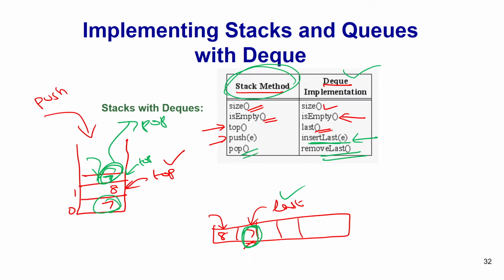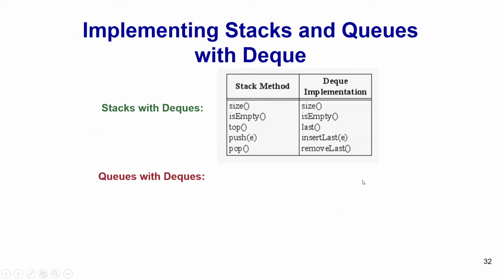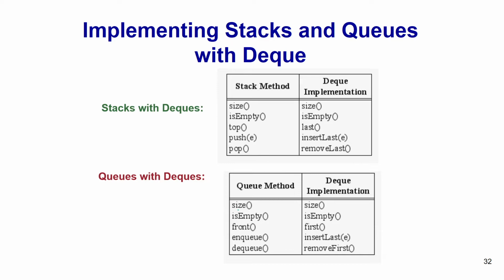The next one, we will see the implementation of a queue by using the deque. Here the size is as usual returning the number of elements in the queue. In the deque also we have a size variable which returns the number of elements. Like that, empty returns whether the queue is empty or not.